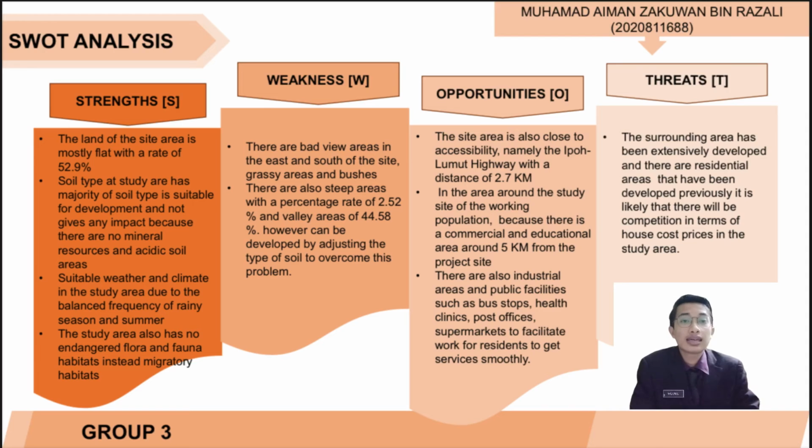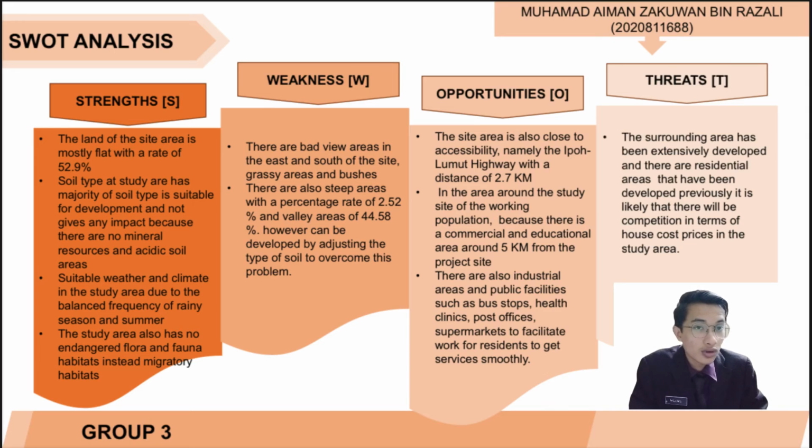And the third, suitable weather and climate in the study area due to a balanced frequency of rainy season and summer. And the last one, the study area also has no endangered flora and fauna habitats, only migratory habitats. So the weaknesses: there are bad view areas in the east and south of the site, such as grassy areas and pastures.